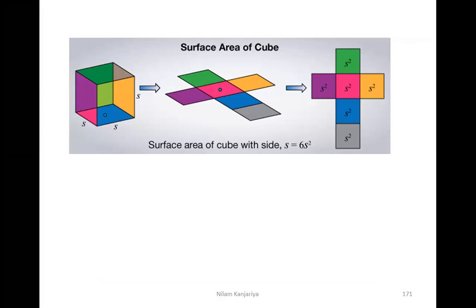So first of all, I get the area of every face. It has 6 faces. The faces of the cube are squares, and the area of a square is side squared. So if I take the sum of all 6 faces, I get the surface area.